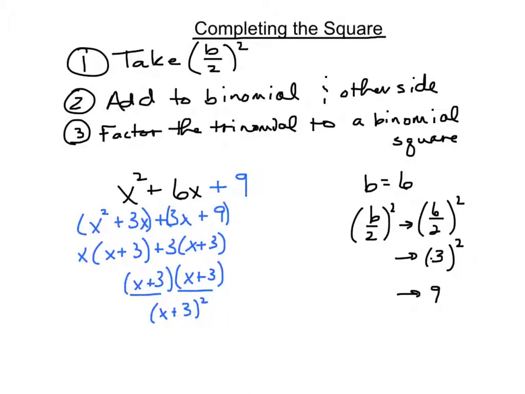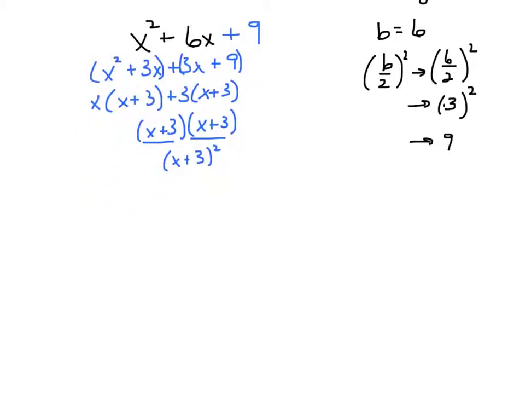Now, the other way that we did that was this. We said we had x squared plus 6x, and we put in a 3 squared rather than a 9.